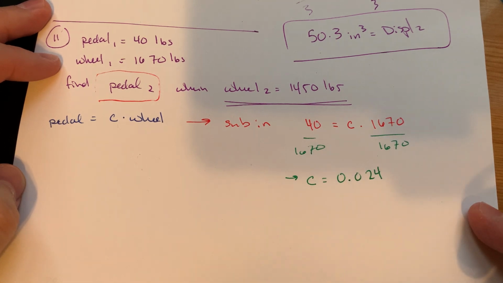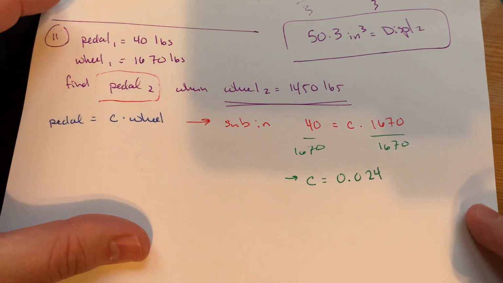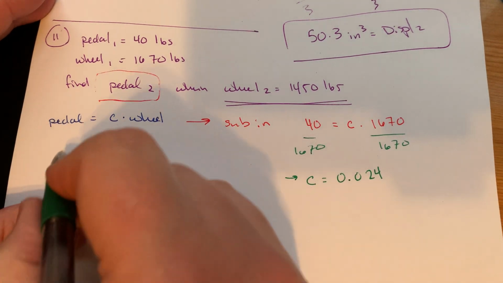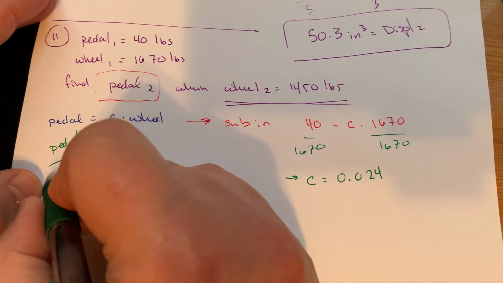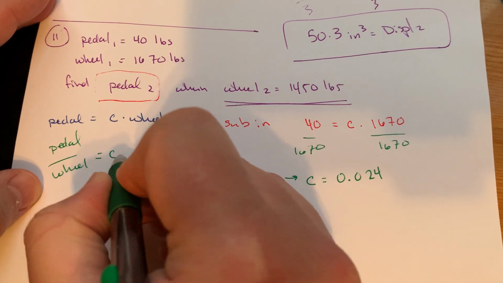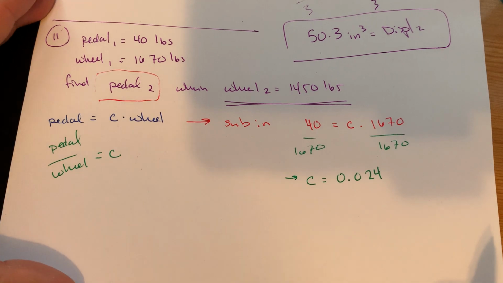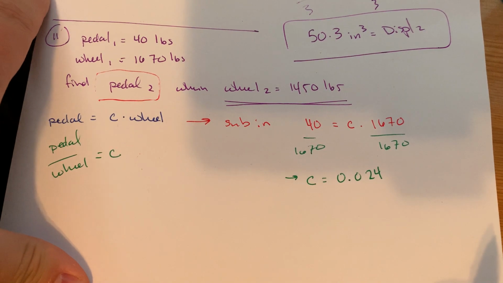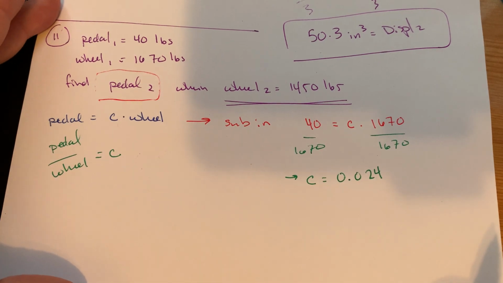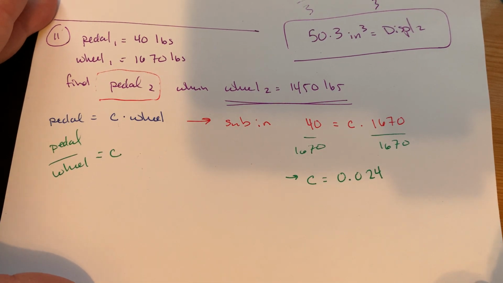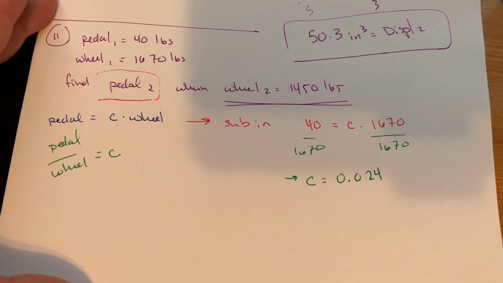And that was horsepower per cylinder. What would be my makeshift units here? Well, this is the pedal divided by the wheel. So this is pounds of force at the pedal per pound of force at the wheel.